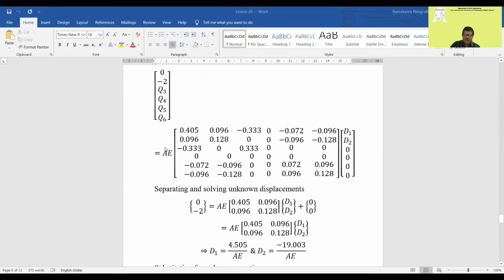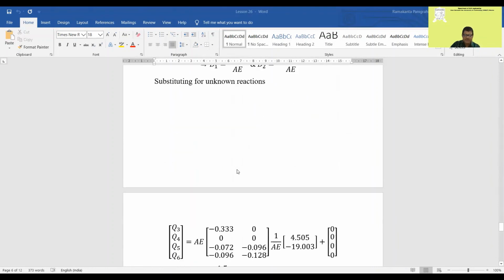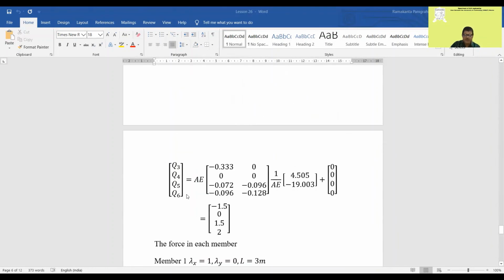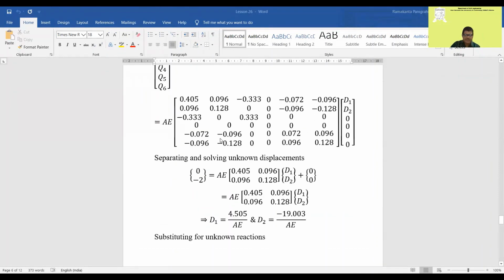How to find Q3? Take the third row and multiply it with this column. That means minus 0.33 into D1 plus 0 into D2, the rest are 0. That will give the value of Q3. Similarly for Q3, Q4, Q5, Q6, minus 0.3 into 4.505, 0 into this, and so on.